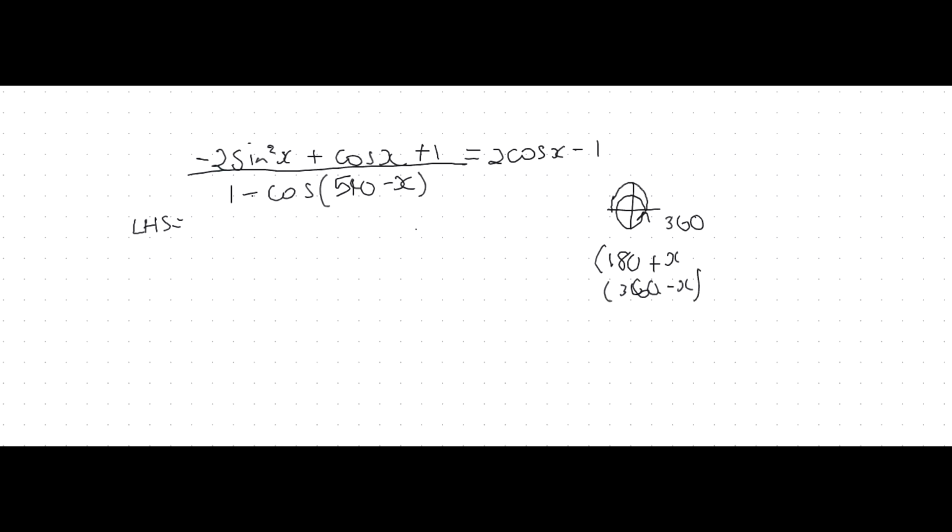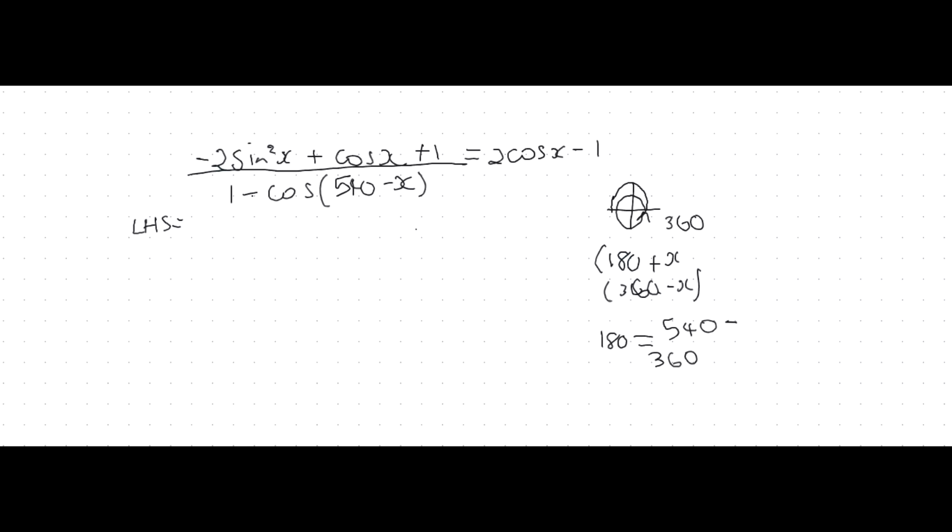So to simplify this one, you have to find the angle that is after the revolution. You would say 540 minus the first revolution, which is 360, and you find that it's 180. We are used to 180, so it's not a big deal.